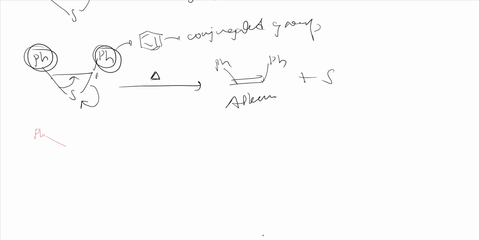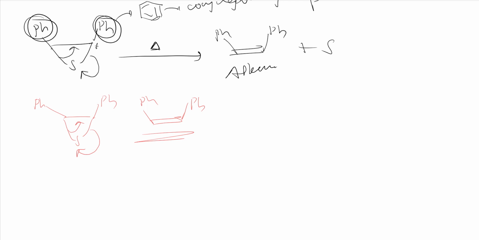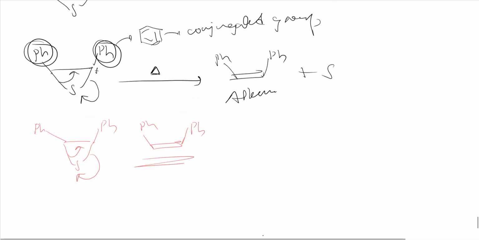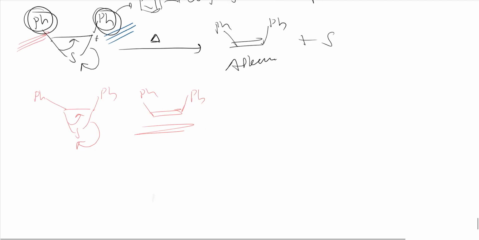This electron density moves here, and this electron density, and we'll get this Ph alkene. You can understand like that, right? I hope it is clear. So this is also a desulfurization reaction. It will be given only when there are conjugated pi bonds, right? Then only it will give that reaction.